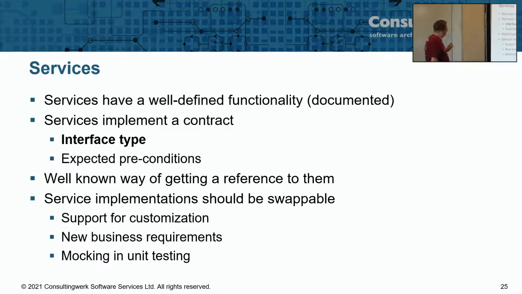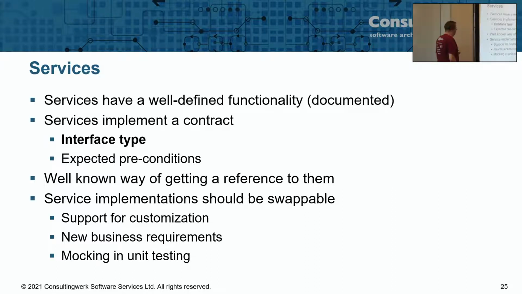So when we look at software architecture of components, then we usually have more like a definition like that. So they have a well-defined functionality, ideally documented. Services should implement a contract, and part of the contract is the interface type, maybe with preconditions, so things like when a service should not be executed, and when it's executed violating the preconditions, it would be throwing errors.